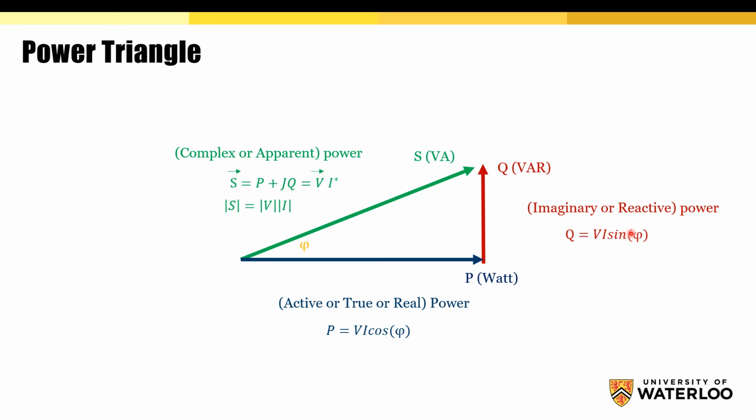But don't forget that the voltage here is complex, it is a phasor. The current here is also a phasor. And this is a very important equation that we will use many times in this course.